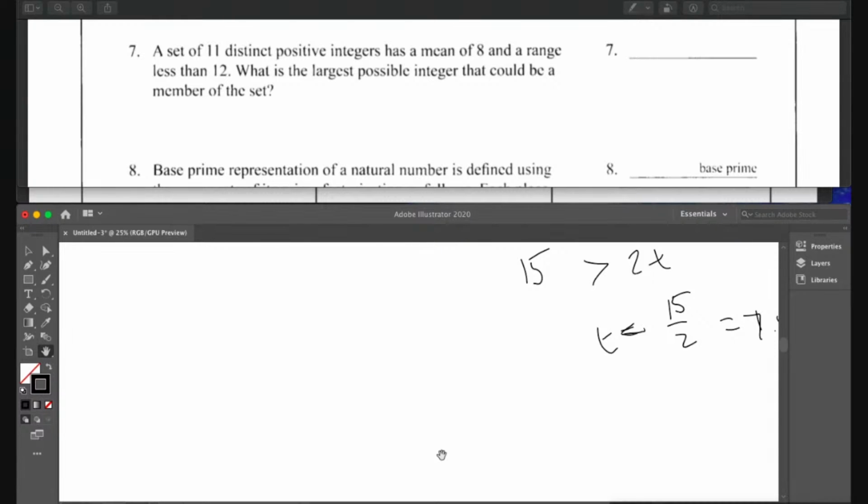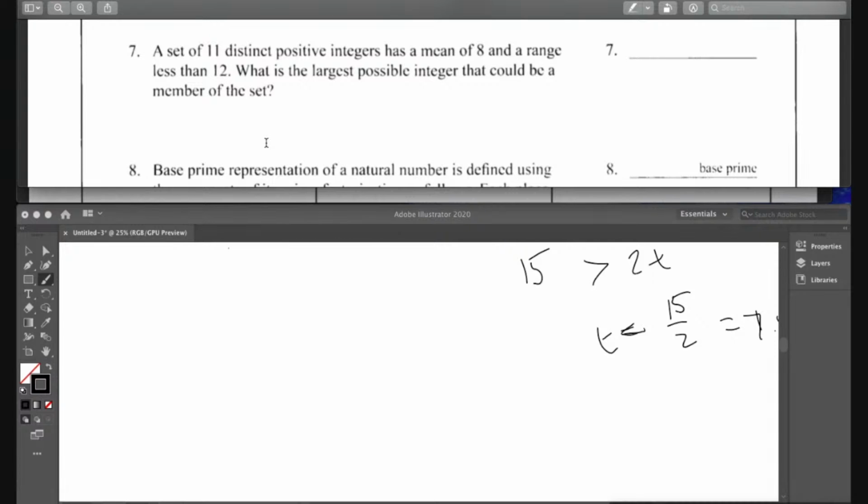And what we're going to want to do is make the 10 other numbers as small as possible, oh, okay, it's also distinct, so that the other number can be large, but it also can't exceed a range of 11.